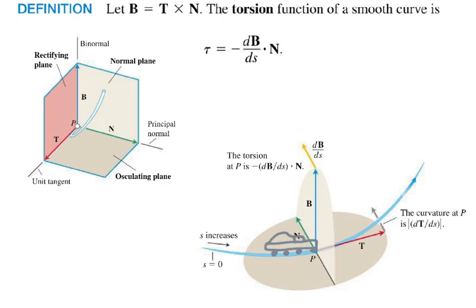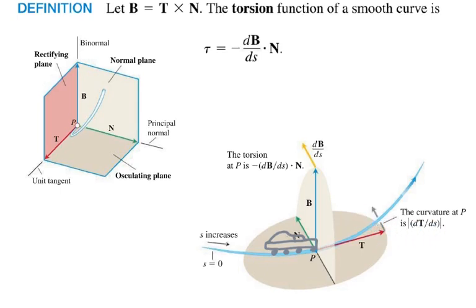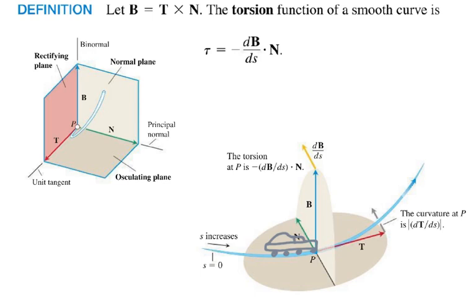So our curvature is being measured right here: the magnitude of the derivative of the tangent vector with respect to distance. And then our torsion is the way that this train begins to lean left or right outside of this plane, the way it's twisting as its position changes along the tracks.